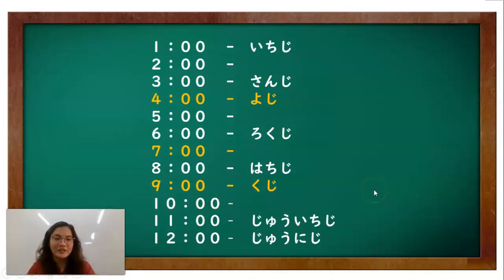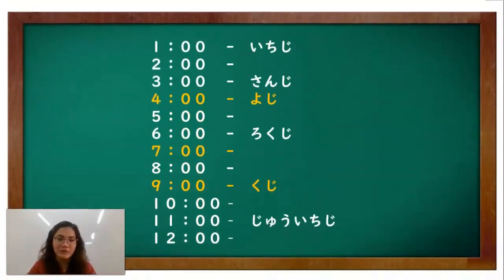Okay, next is another missing. So let's remove another 2. Okay, so we already removed the 8 and 12 this time. So again, let's start again from 2.